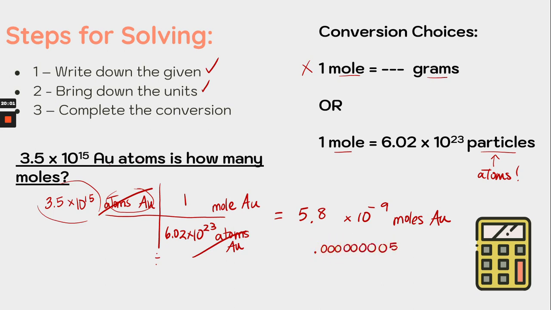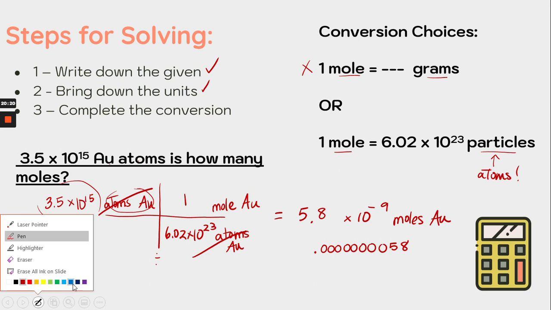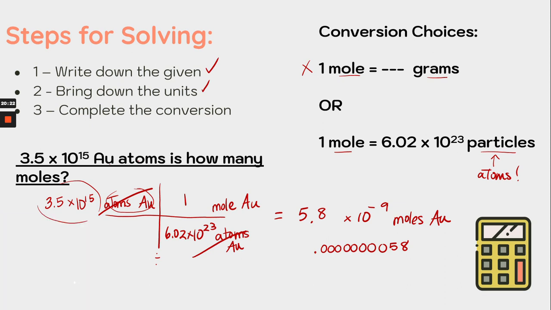Now, if by chance your calculator does this to you and it gives you a number like this, please don't panic. This is the same exact answer. This is that number up above, just not in scientific notation. I don't know why some calculators automatically do it all the time and then some just randomly decide not to.